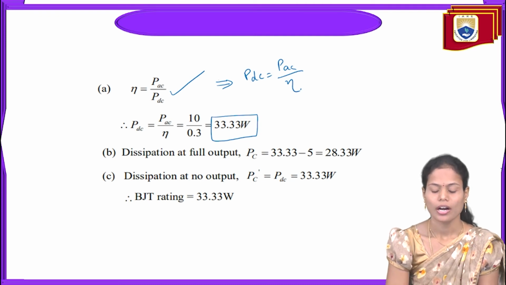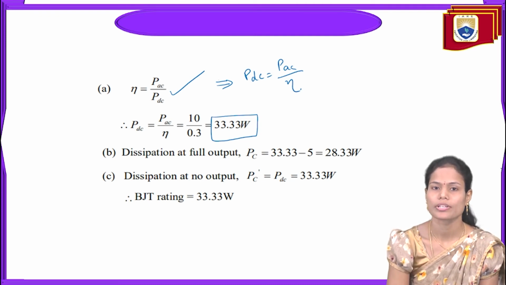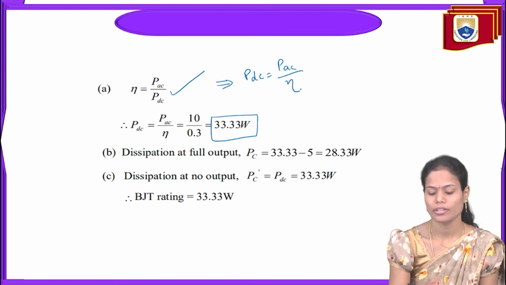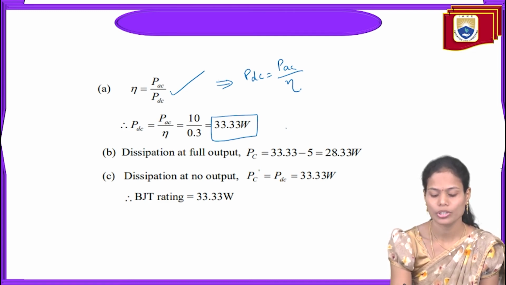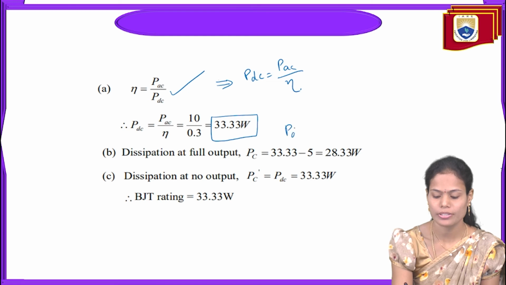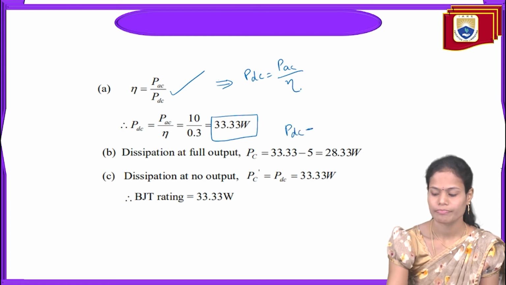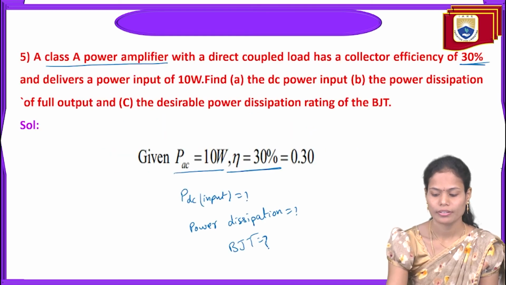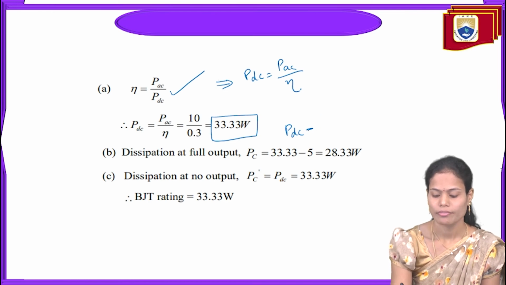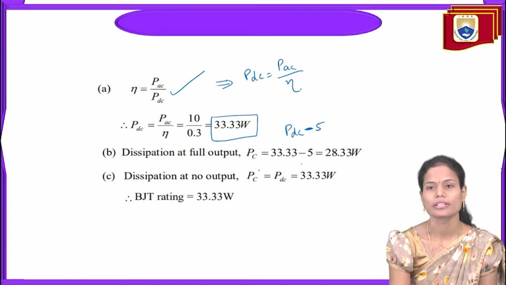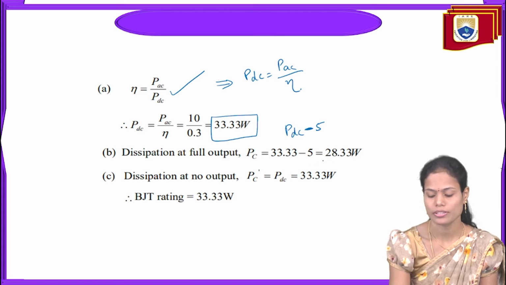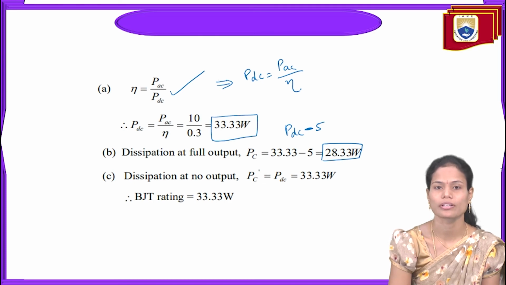And next, how much dissipation across the output, that we can calculate from the total DC power PDC minus 5, that is 33.33 minus 5, it is 28.33 watts of dissipation we are getting across the output of the transistor.